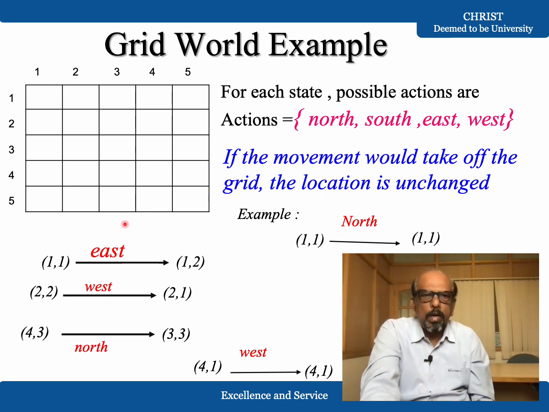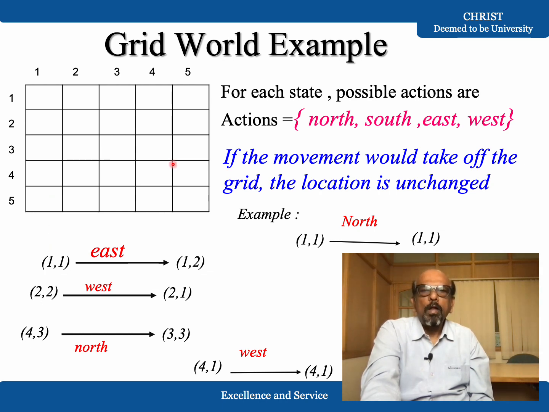If you move down, that is south, then you will bump on the wall and fall back into the same one. For example, from 1-1, if you choose east, you will go to 1-2. Whereas from 1-1, if you move north, you will be in 1-1. From 4-1, if you move west, west means left side, then you will continue to be in 4-1. So these are some important things.